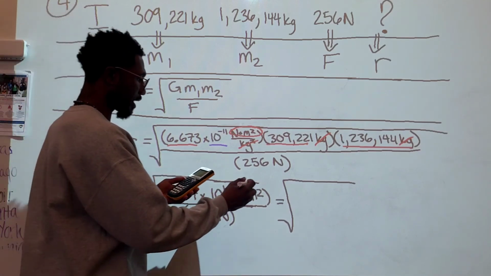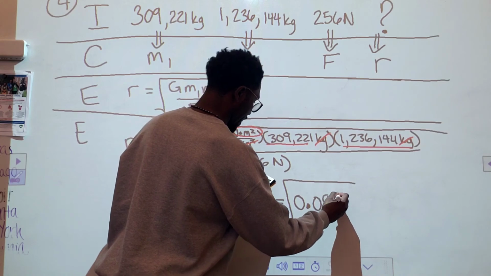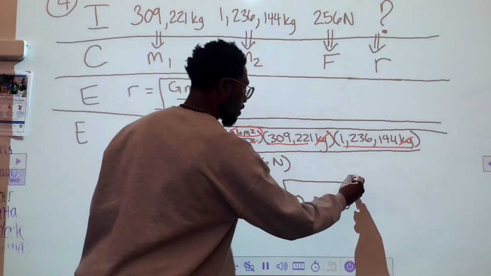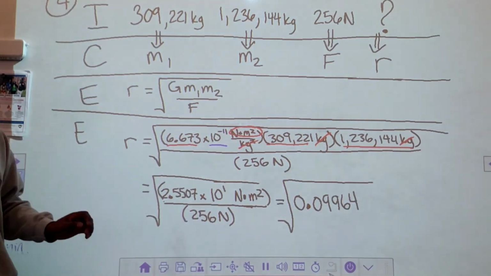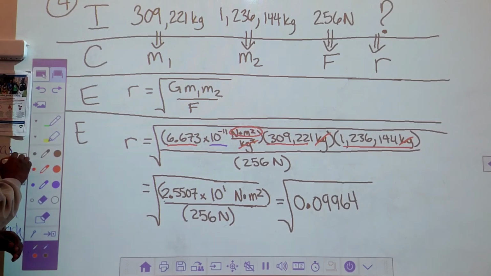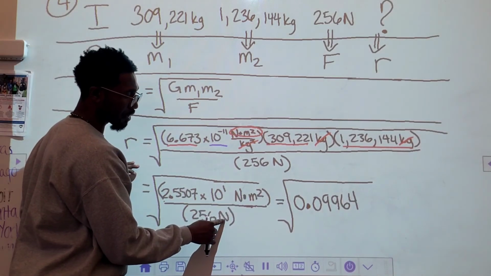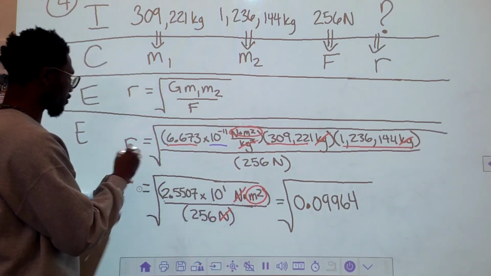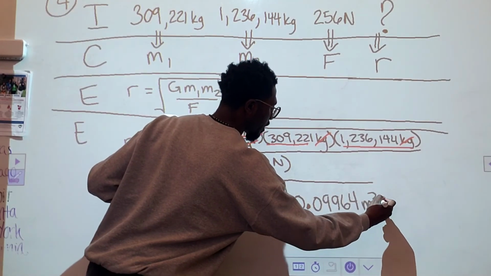So that gives me 0.0996, and I'm going to round it up to 4, okay? So that's what I have under the radical sign right now. Now to keep track of my units, I have newtons times meters squared, and I have newtons in the denominator. So my newtons cancel out, and I'm left with meters squared. All right, so I'm going to write meters squared over here for the units.